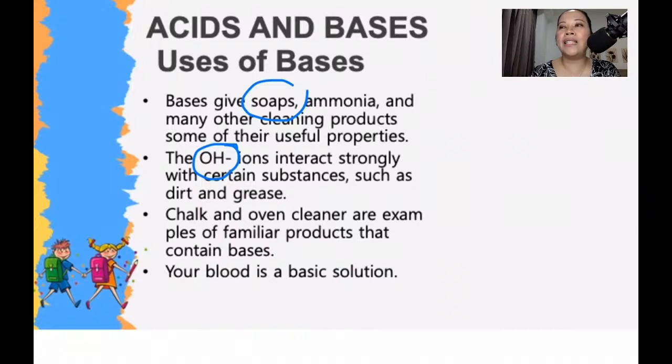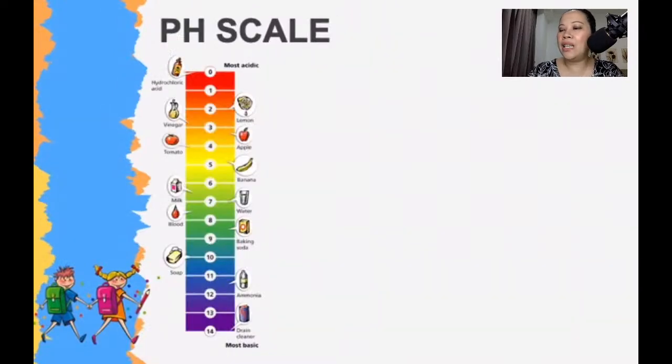If acid is common in food, like vinegar, base is common in cleaning materials and soap. This is what we call the pH scale. pH means power of hydrogen ions. pH is a measure of how acidic or how basic a solution is. The pH scale is from 0 to 14.